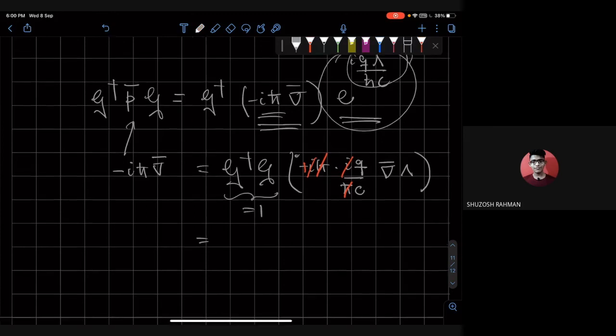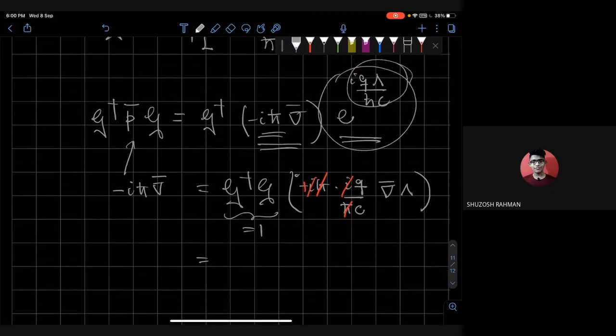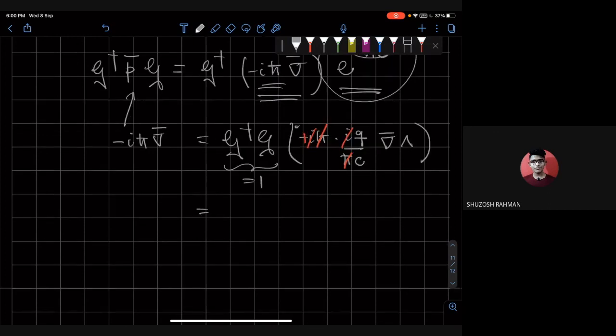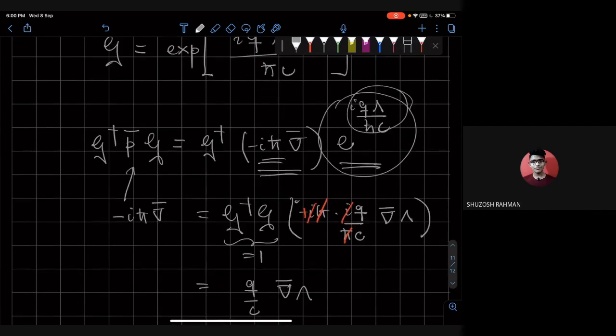As a result, I'm going to get Q over C gradient of lambda, okay?